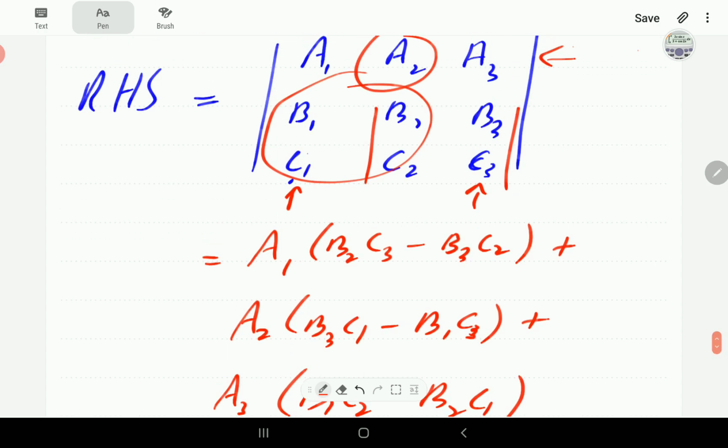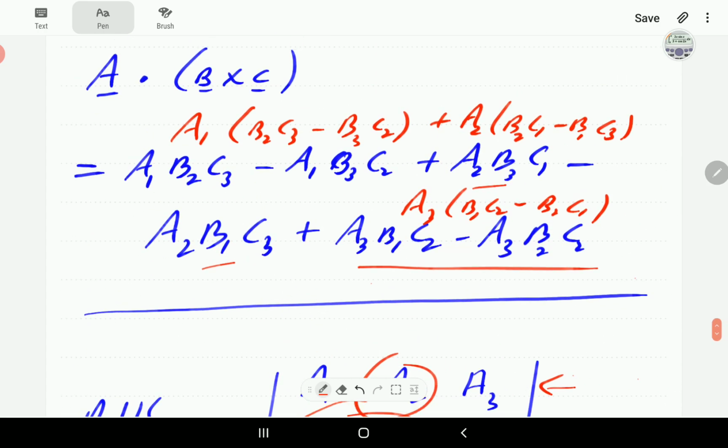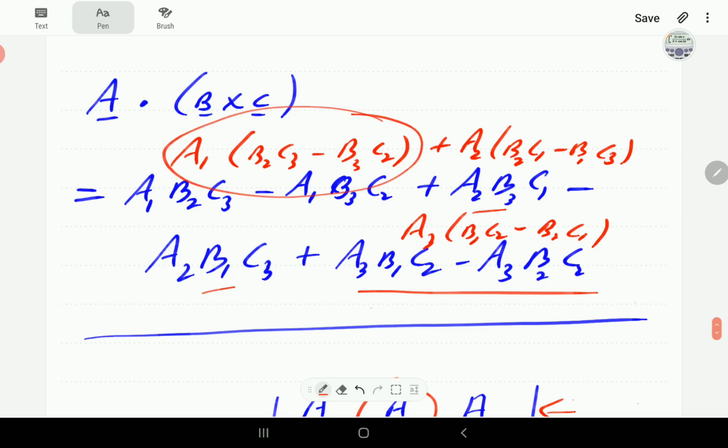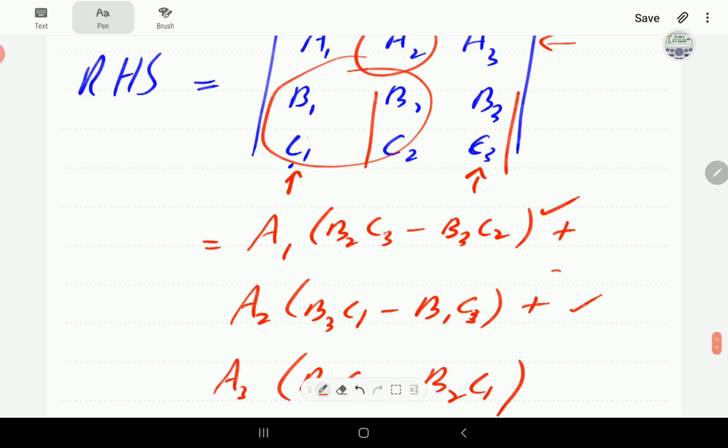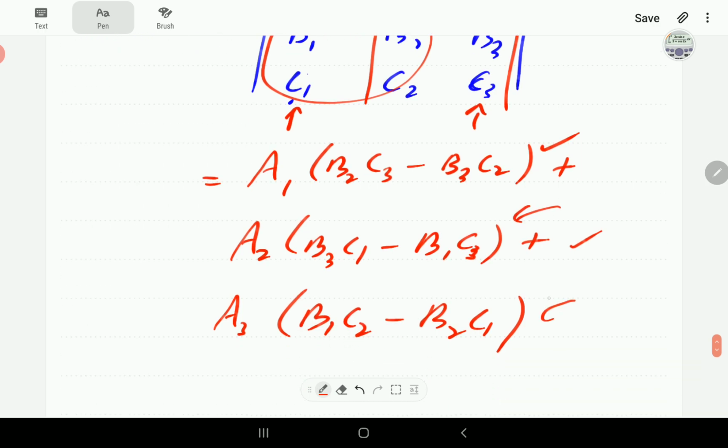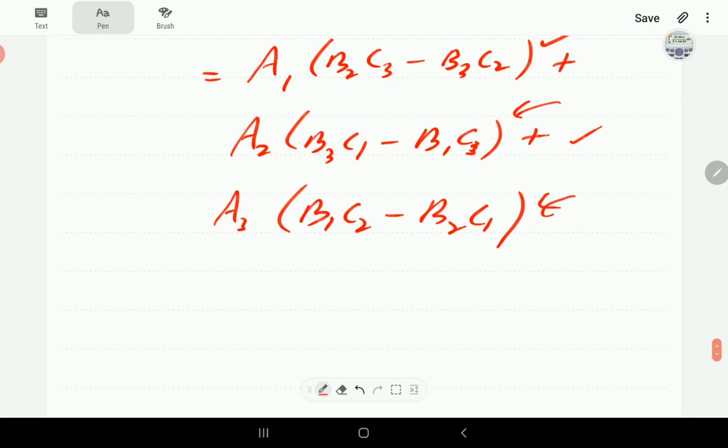Now you can see that this one is this one here, and the second one is this one there, the third one is that one, and so the left hand side is equal to the right hand side. Hence the proof is complete.